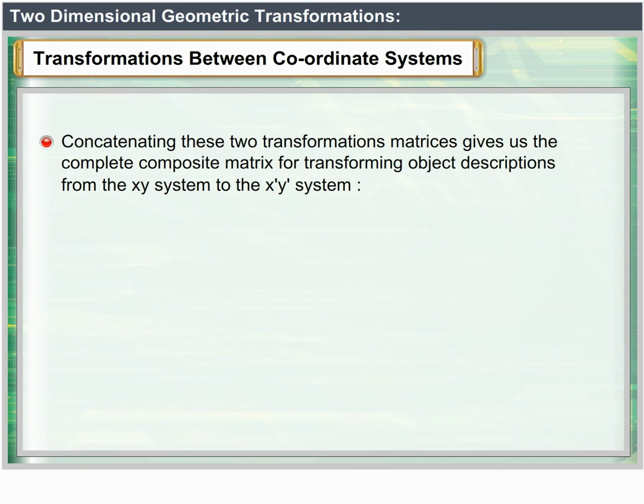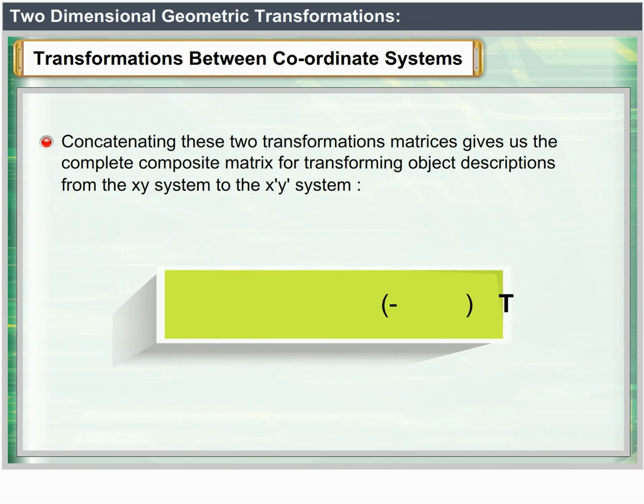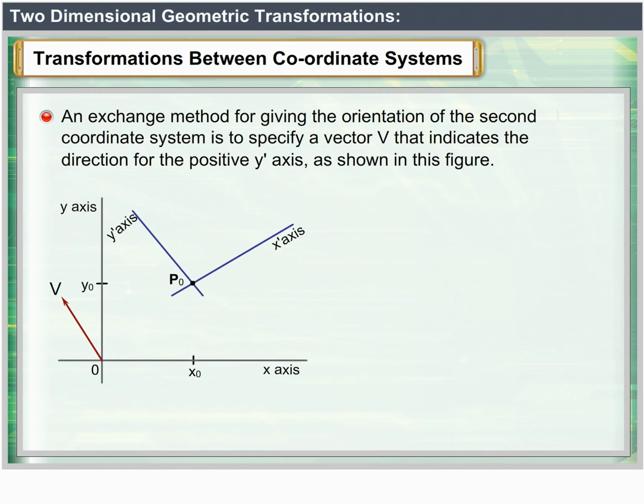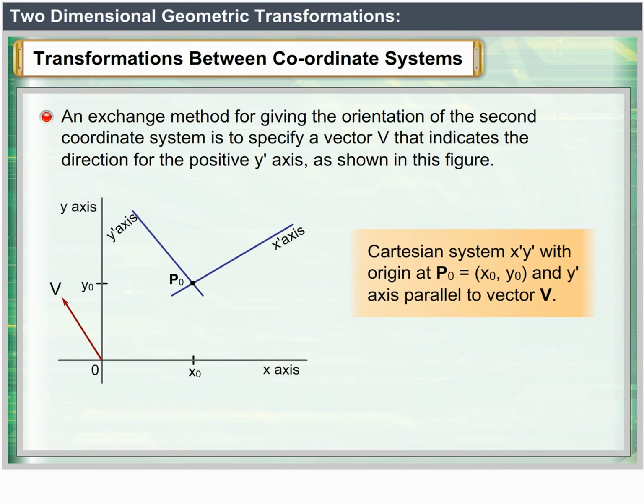An alternate method for getting the orientation of the second coordinate system is to specify a vector v that indicates a direction for the positive y dash axis as shown in this figure. Vector v is specified as a point in the xy reference frame relative to the origin of the xy system.